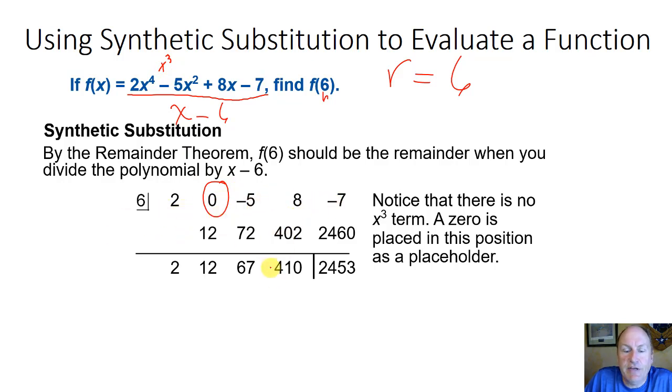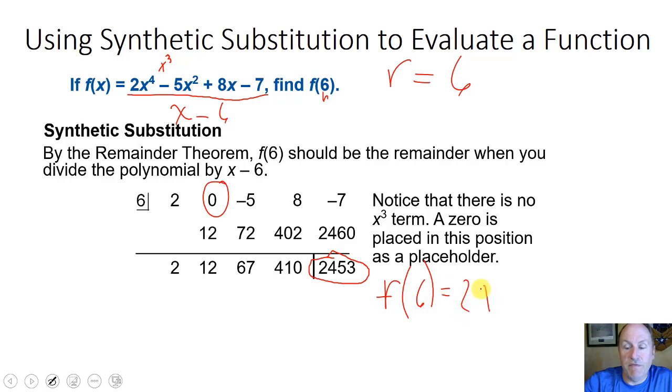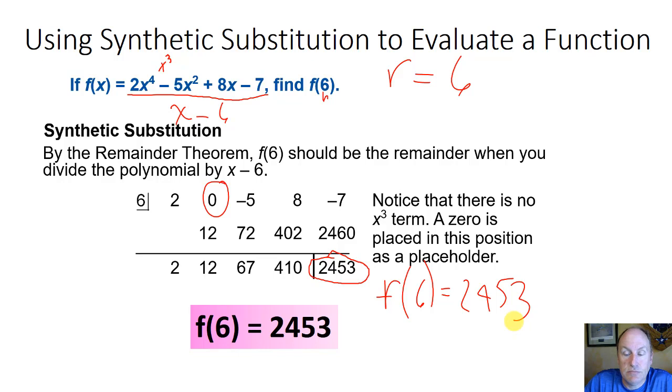When we do the synthetic division, this is the result. 2,453 is the remainder, so f of 6 is equal to 2,453 by the remainder theorem. What's left over as a polynomial is called the depressed polynomial. If you want to factor further, you look at that part, and we're going to do that in a second.